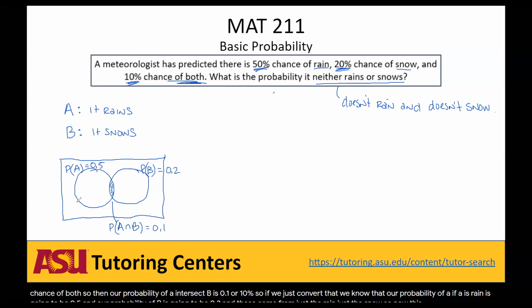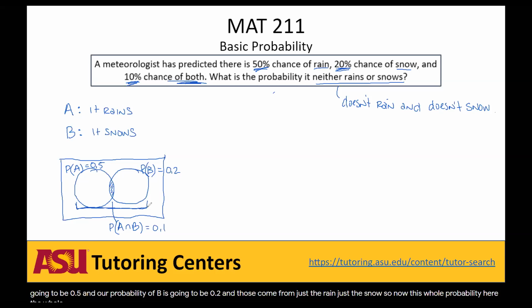So now this whole probability here, the whole sideways figure 8 shape here, is going to be our probability of A or B. And notice that there's this area on the outside.